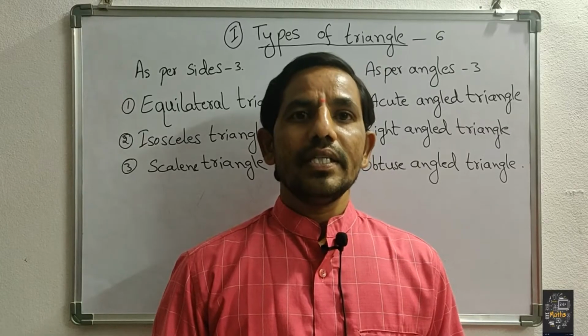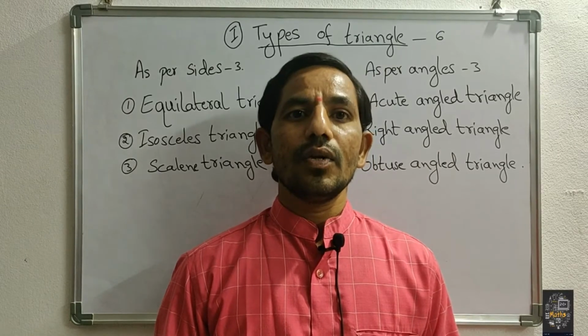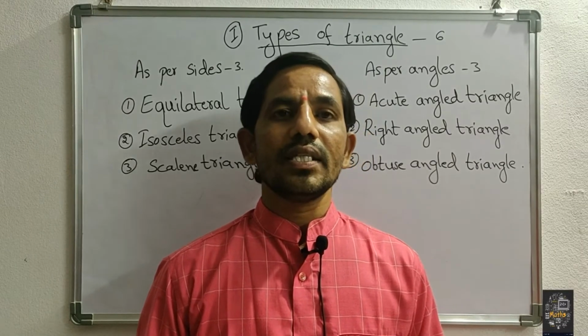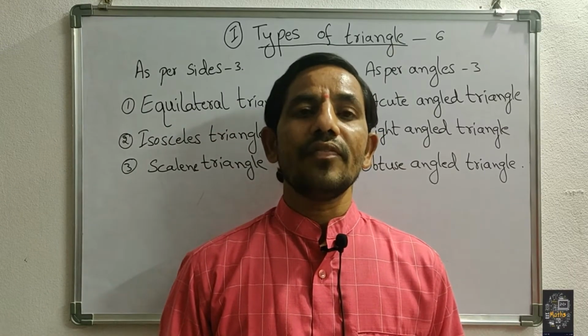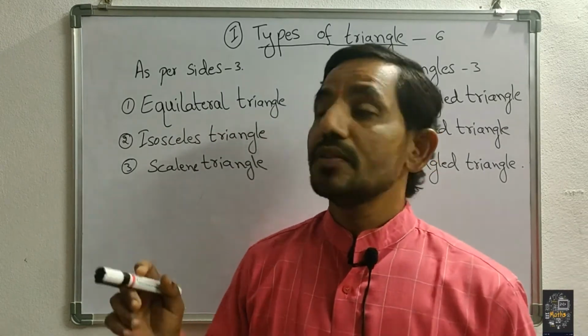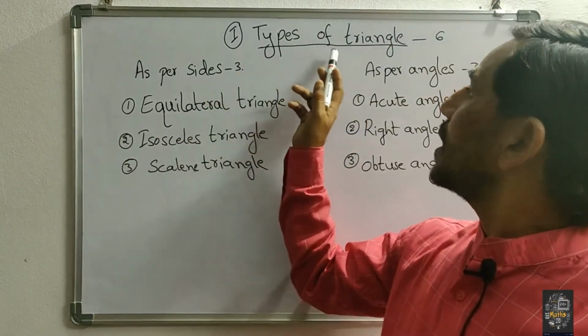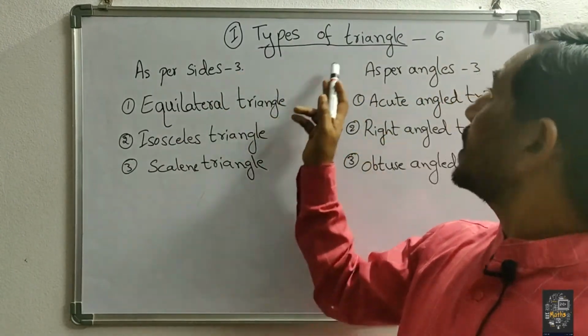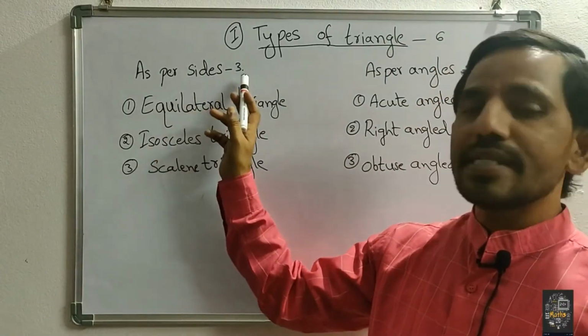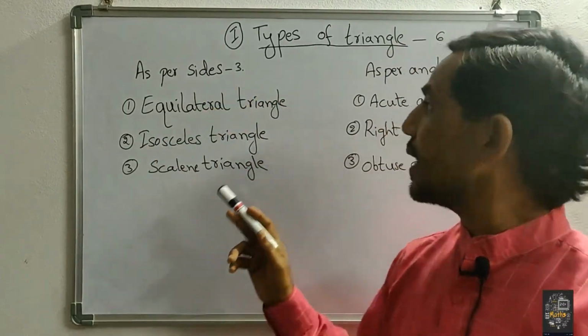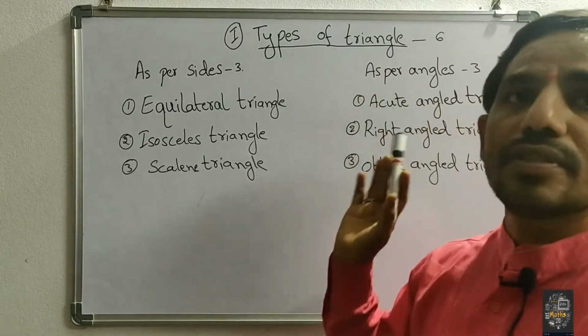We are back. In this video, we are going to learn two topics. First one is types of triangles. Second one is properties of triangles. In this video, first, types of triangles. In total, there are 6 types of triangles. As per sides, there are 3 triangles, and as per angles, 3 triangles.